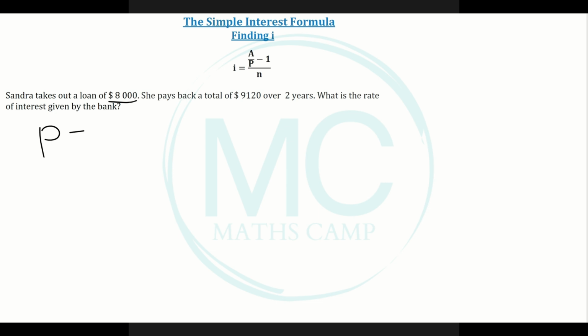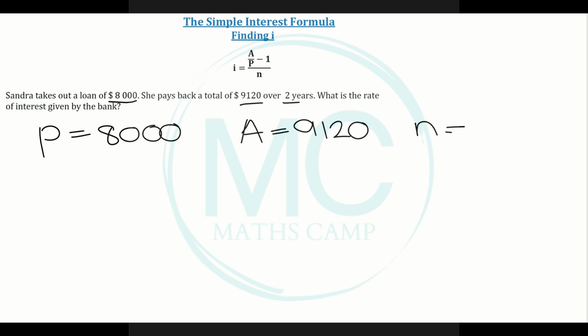So we say P is equal to $8,000. She pays back a total of $9,120. So A is equal to $9,120. Sandra pays her loan off over a duration of 2 years. So N is equal to 2.